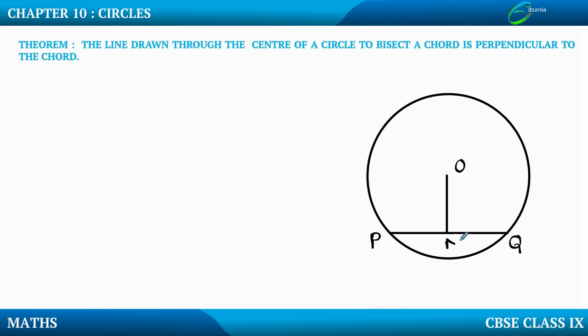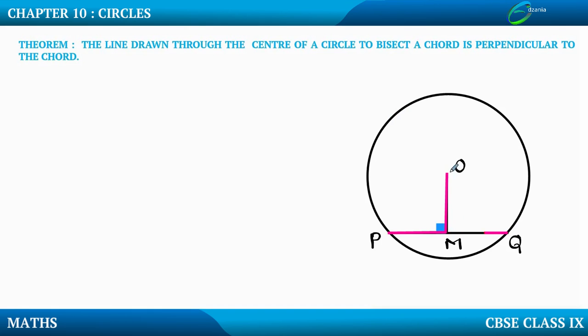So suppose segment OM bisects chord PQ, that is segment OM divides chord PQ into two equal parts, that is PM is equal to MQ.